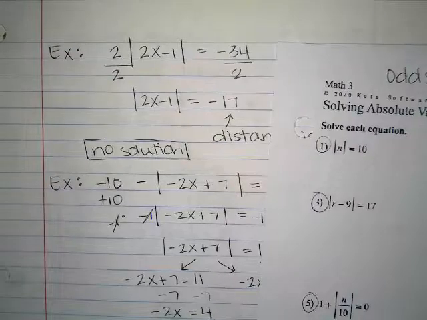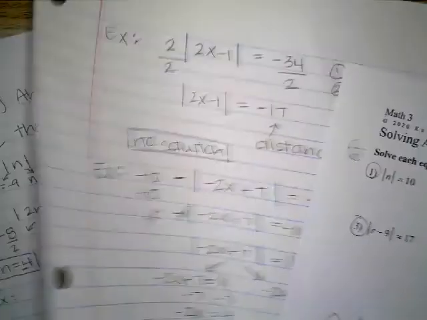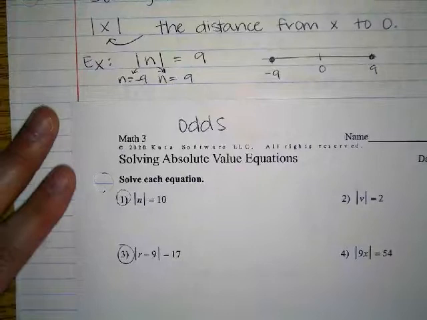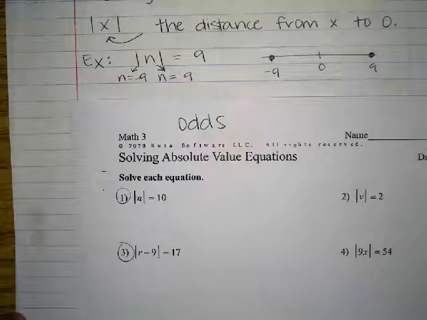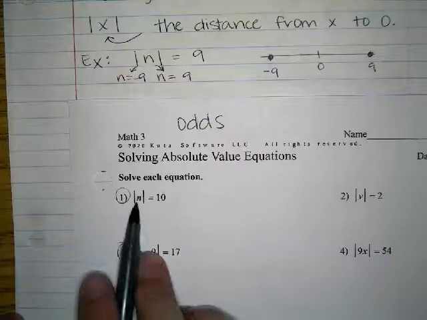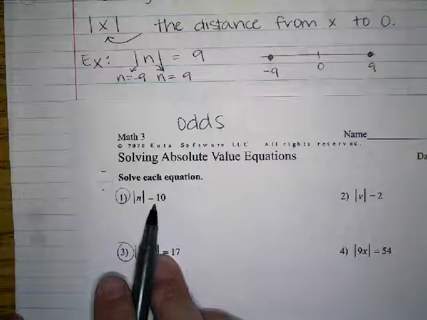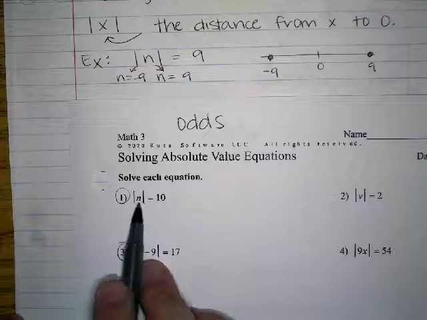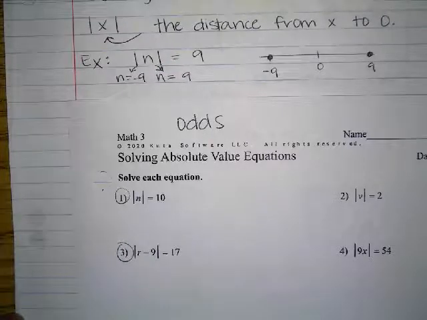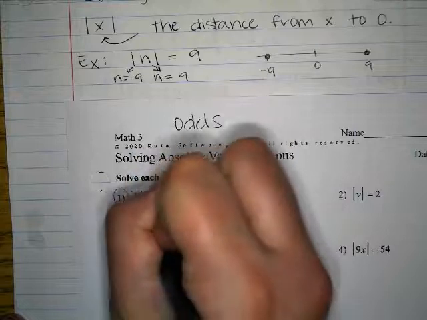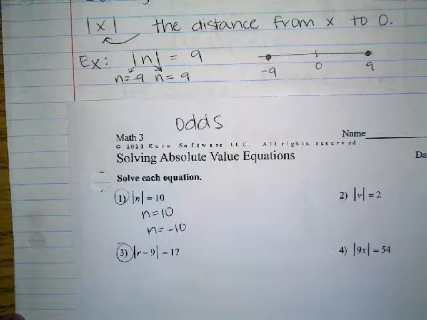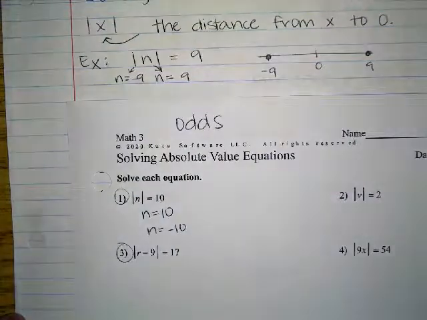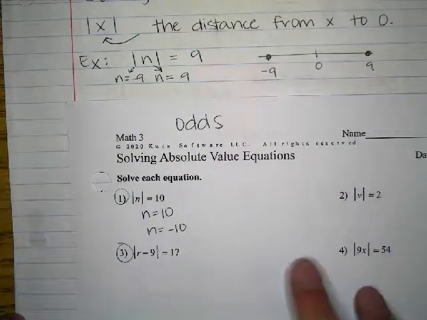How do we do number 1? We say n has a distance of 10 from 0. So what numbers have a distance of 10 from 0? 10 and negative 10. Number 3 is kind of similar to the second example we did.